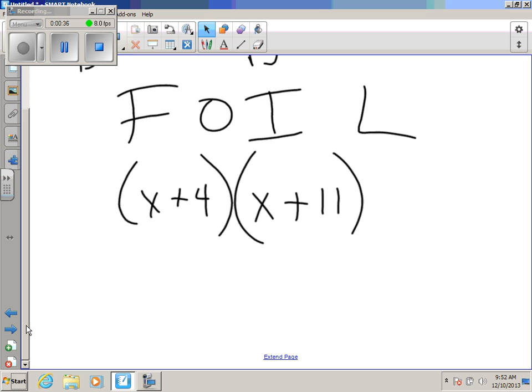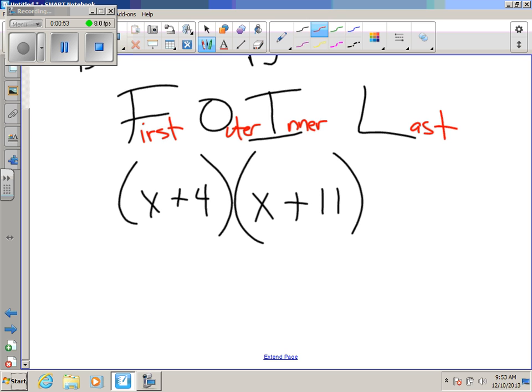Now, we're going to use the distributive property, but we use the method called FOIL. And FOIL stands for first, outer, inner, last. Get it down?